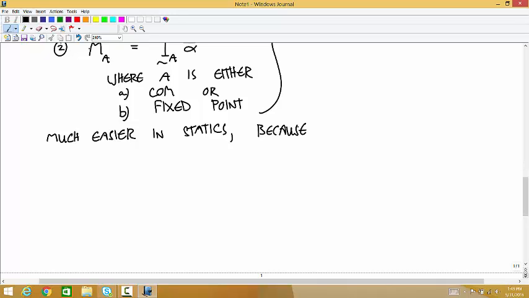Because in all the cases that we're going to deal with, the acceleration of the center of mass and the angular acceleration are equal to 0. 0 vectors.